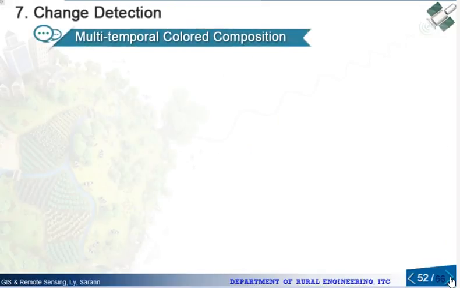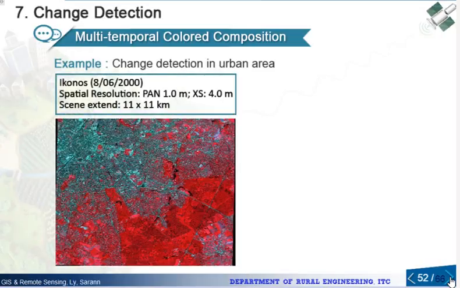We can use another method we call multi-temporal color composition. For example, change detection in an urban area. On the left-hand side here, you see an Ikonos image taken on 8 June 2000. The spatial resolution for panchromatic is 1 meter, and for MS, the spatial resolution is 4 meters, and the scene extent is 11 by 11 kilometers.